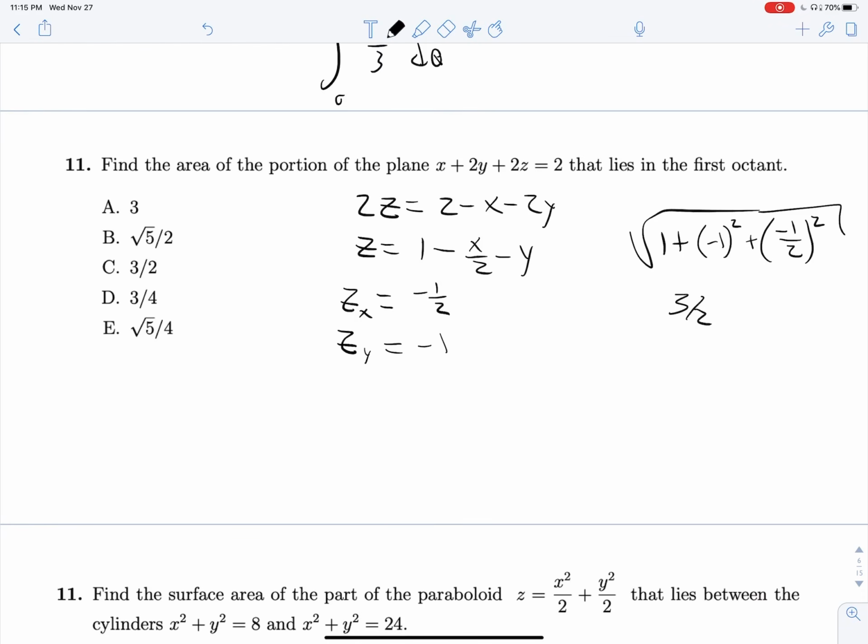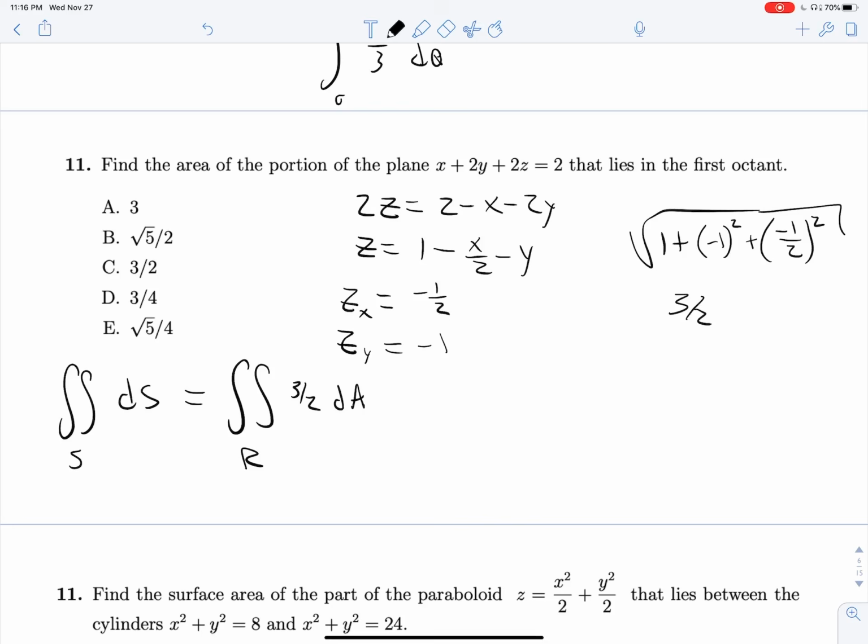So we can take our original integral, which was the double integral over S of dS, and we can turn this into the double integral over R of 3 over 2 dA. So now we've got to figure out what our region is actually going to be.